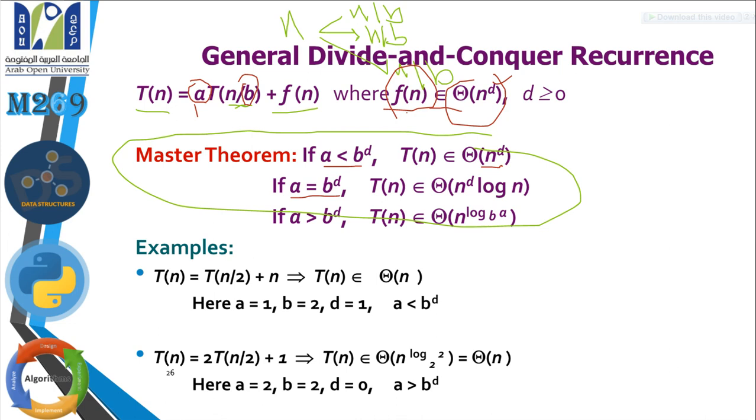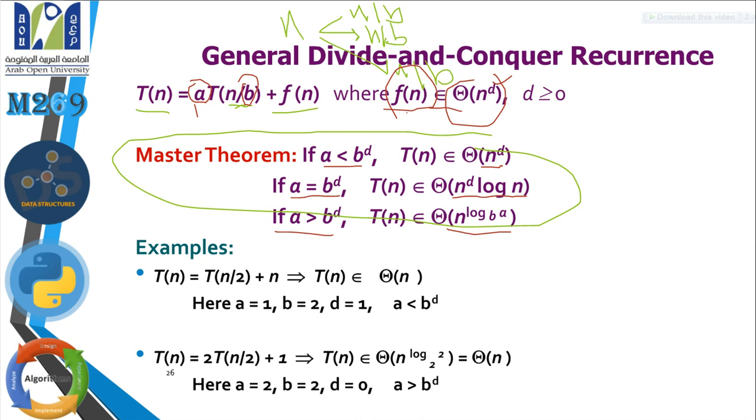If yes, then the O notation of this function is n to the power d times log n. That's why I said you have to memorize. If a is greater than b to the power d, then the big O notation is n to the power log base b of a.